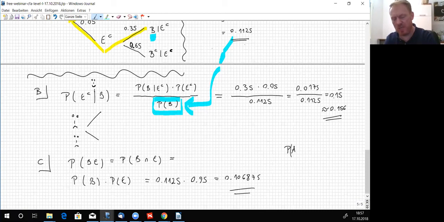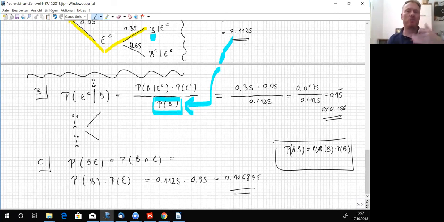P of A and B at the same time is given by P of A if B occurred first times the probability of B. That is the multiplication rule, because you can understand it a bit better, a bit easier if you say the conditional probability of A given B is defined by P of A and B divided by P of B. So that's why the multiplication rule always holds. That's the multiplication rule.